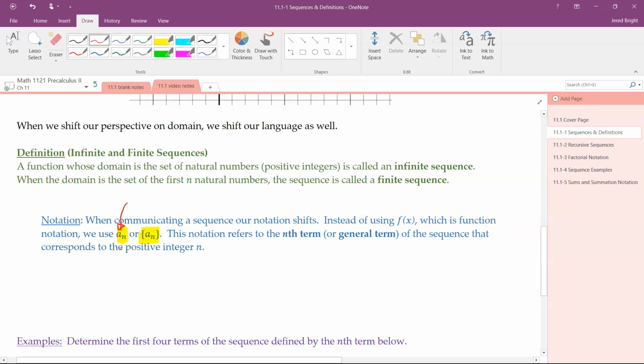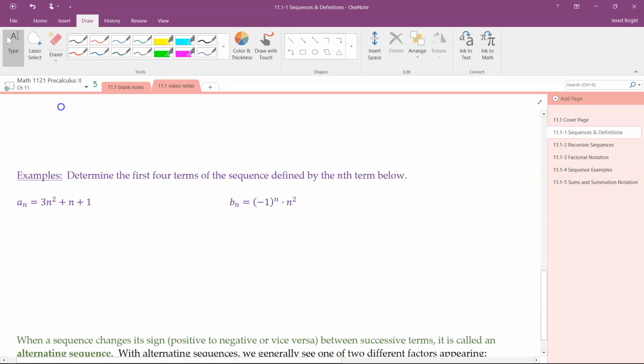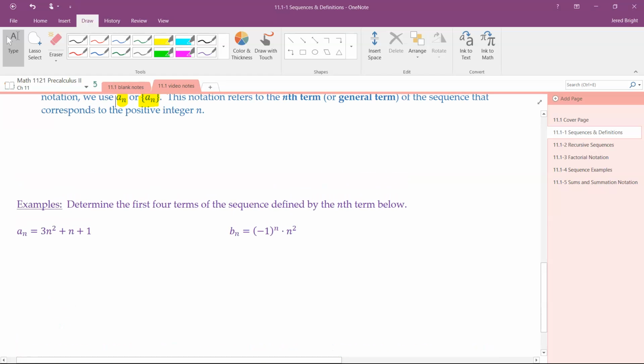Just to get some practice using this language, we have a couple examples below, and I just want to write out the first 4 terms. It's saying the general term is given by this, and if I'm looking specifically at a sub 1, for instance, that just means that n is 1.